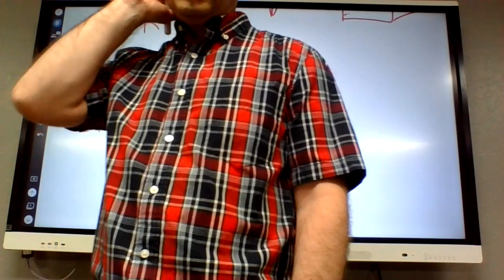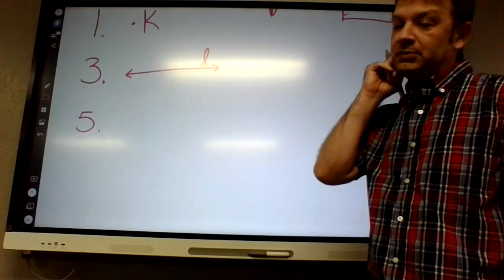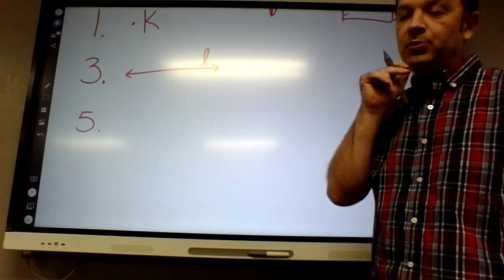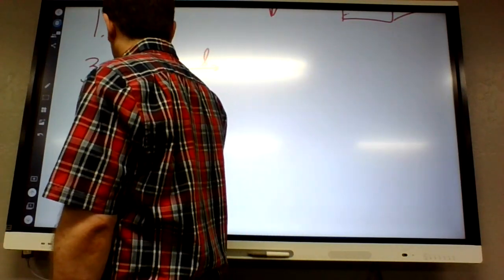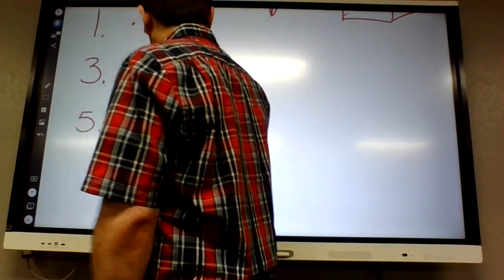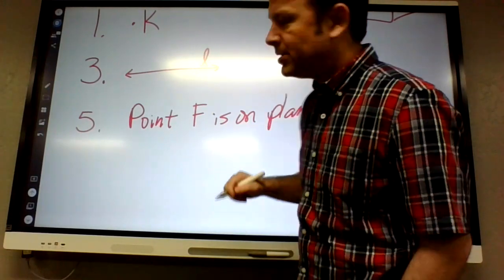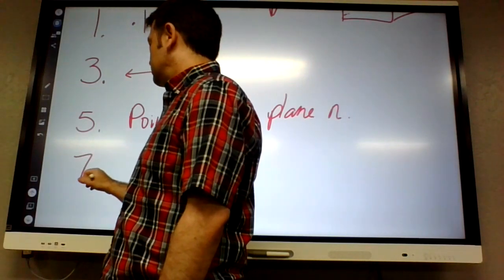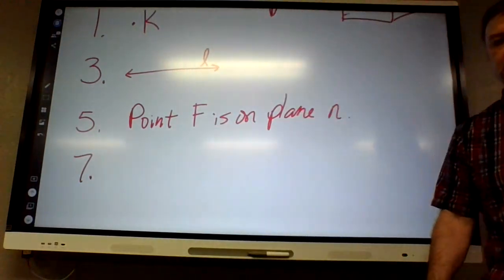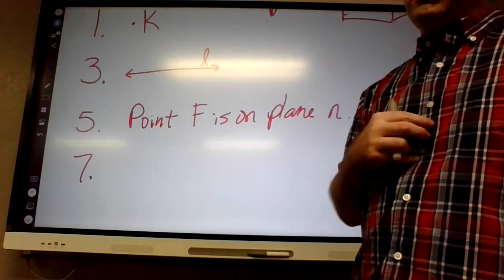Number 5, write a description of the illustration. So what's going on in number 5? Point F is on plane m, or you could say plane m contains point F. All right, what's going on in number 7?